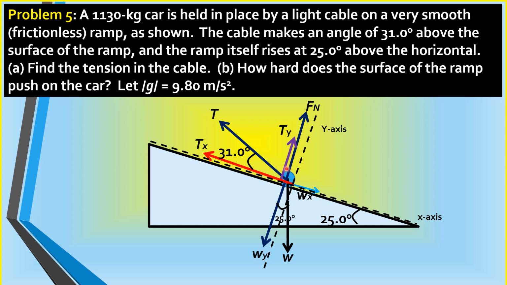And the y component, of course, is directed perpendicular, upward perpendicular to the surface of the inclined plane. So we label it here as T of y. Of course, we have the weight of the car, W, and the component of that weight of the car, Wy.